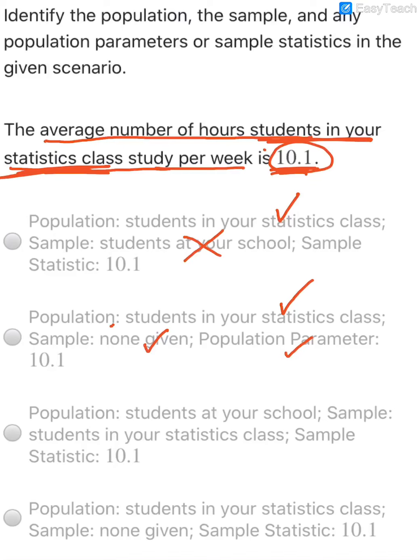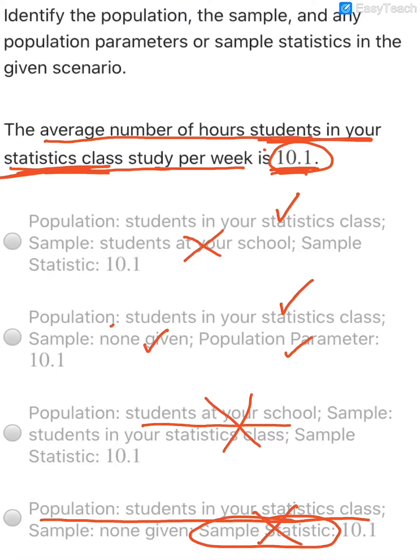So notice that the third one is wrong because we didn't talk about all the students at our school. And the last one is wrong because if the students in your class are the population, we're not going to refer to this as a sample statistic. It is a population parameter.